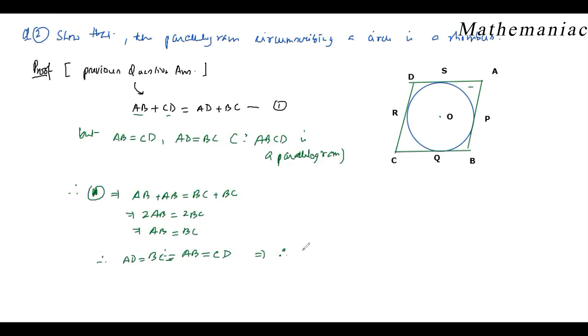Therefore, ABCD is a rhombus. Actually, it is a long proof because in the exam you have to add the first part. But as we have already done that problem, I did not add the first part here, but you have to write this completely from your side. Right, so please note it down.